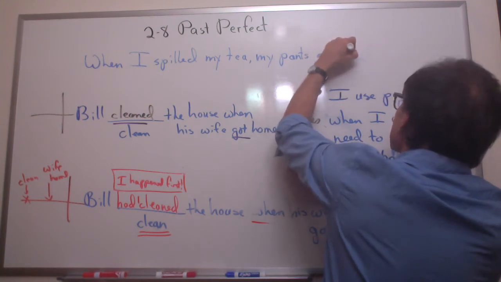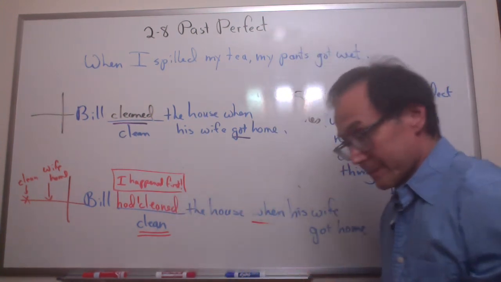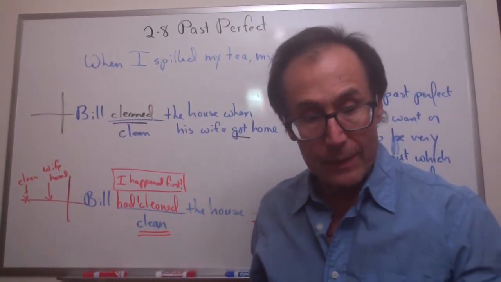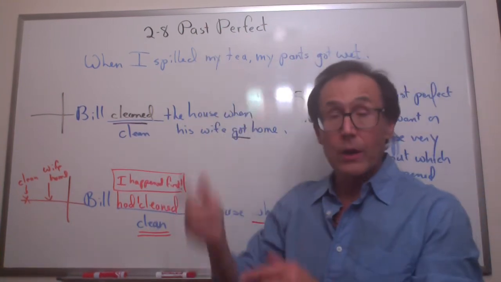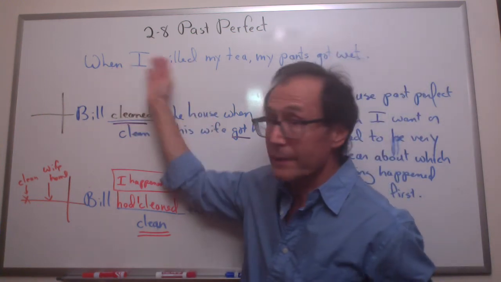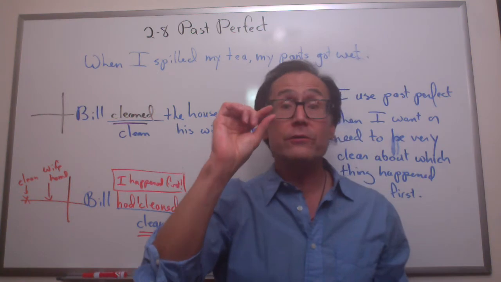Okay, so here, if I spill my tea and my pants get wet, they happen very close together, almost the same time. But the one that happens with when happens just a little bit first.